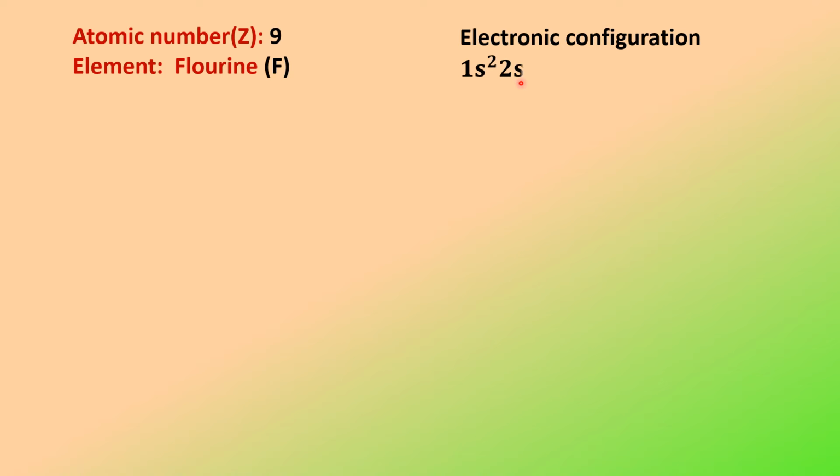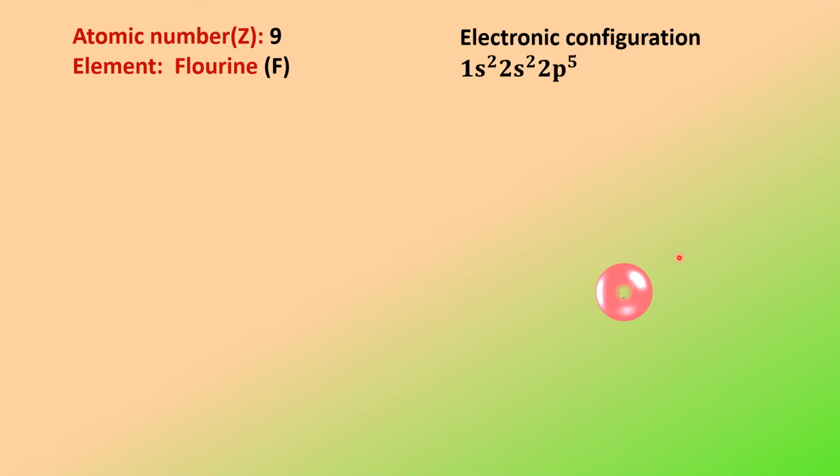Atomic number 9, element is fluorine, its symbol is F. Its electronic configuration is 1s2, 2s2, 2p5. In the second shell it contains 2 plus 5, 7 electrons. So those 7 electrons are the valence electrons.